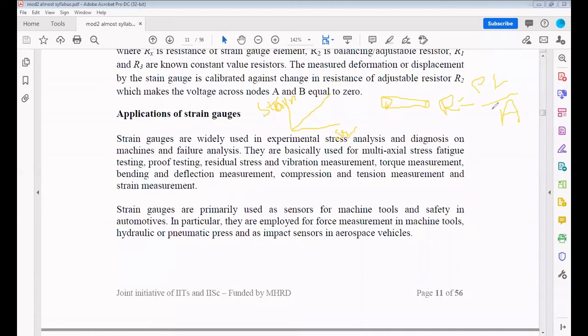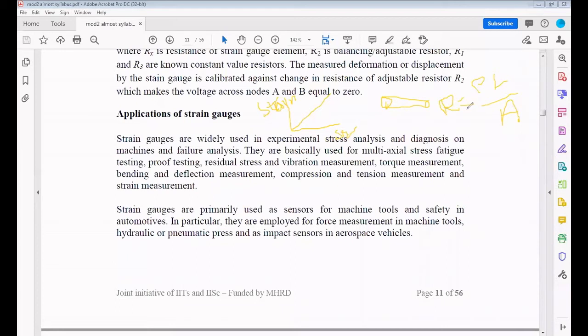If we apply stress on any particular material, then the cross-sectional area will decrease. If the cross-sectional area decreases, what will happen to the resistance? What is the relation between the resistance and cross-sectional area here?